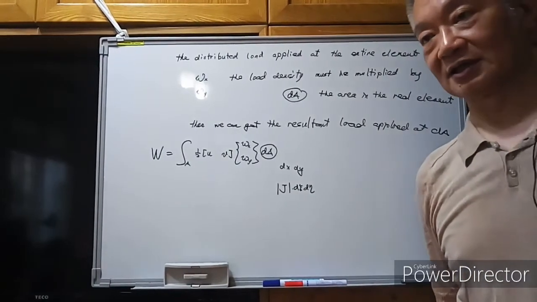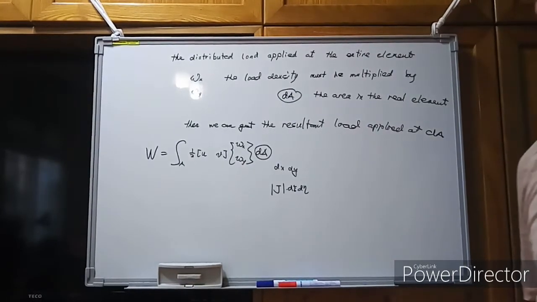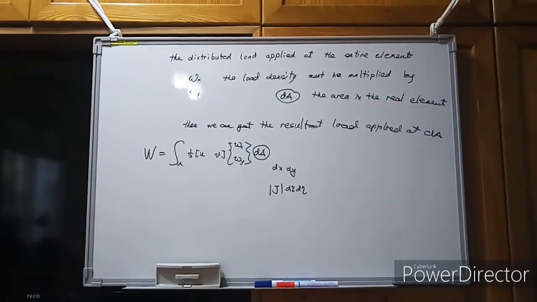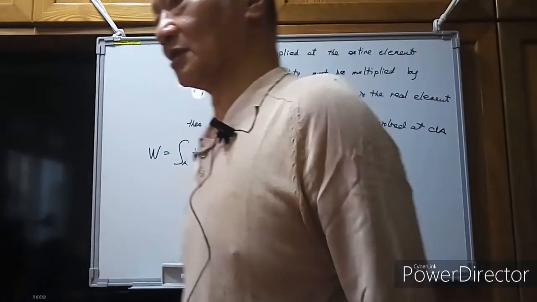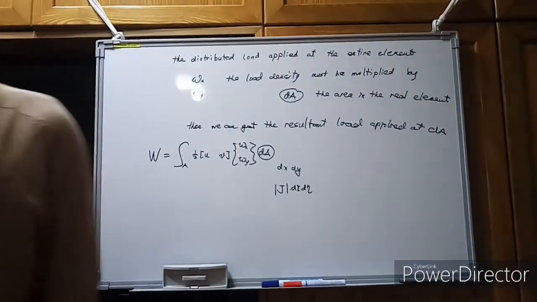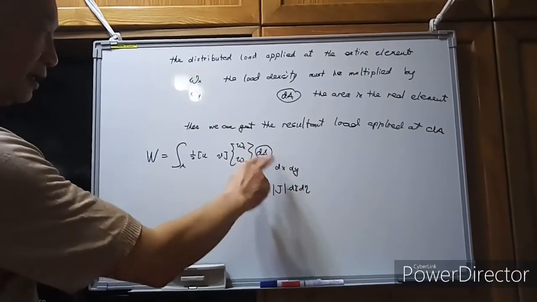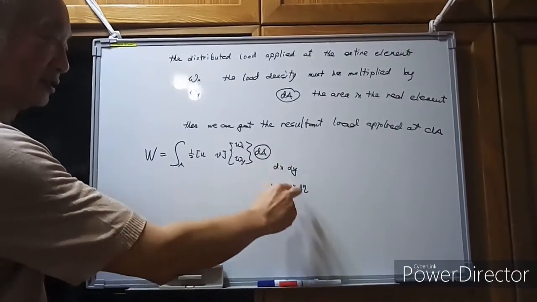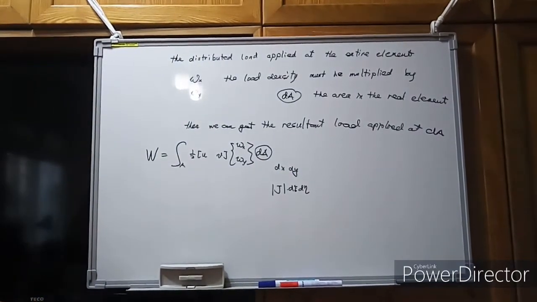You cannot get the functions related to the xy directly, and you need to solve the inverse functions. And sometimes it is not so easy to get the inverse functions. Okay, so the dA can be changed by the dx and the dy, and the dx and dy can be changed by the Jacobian times d xi and the d eta.